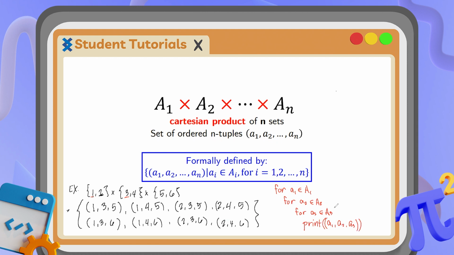There. So think of it this way in computing: the Cartesian product of n sets is nested for loops, where if you have n sets, then you will have n for loops. So that is one way to visualize how you can get the Cartesian product of more than 2 sets.